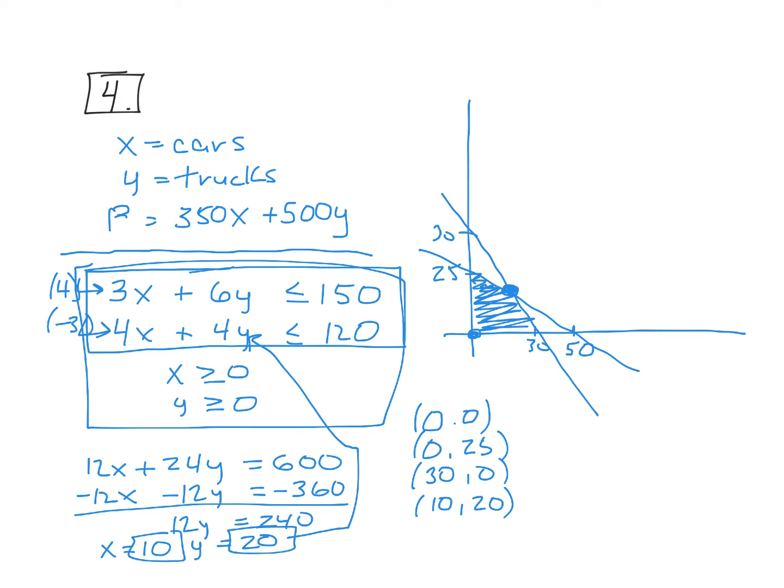And then you're going to plug each of those into this profit equation. So putting (0, 0) in, I'm going to get 0. And then I'm going to put in 25 for the 500. Bear with me a second as I grab my calculator. So 500 times 25 is 12,500.